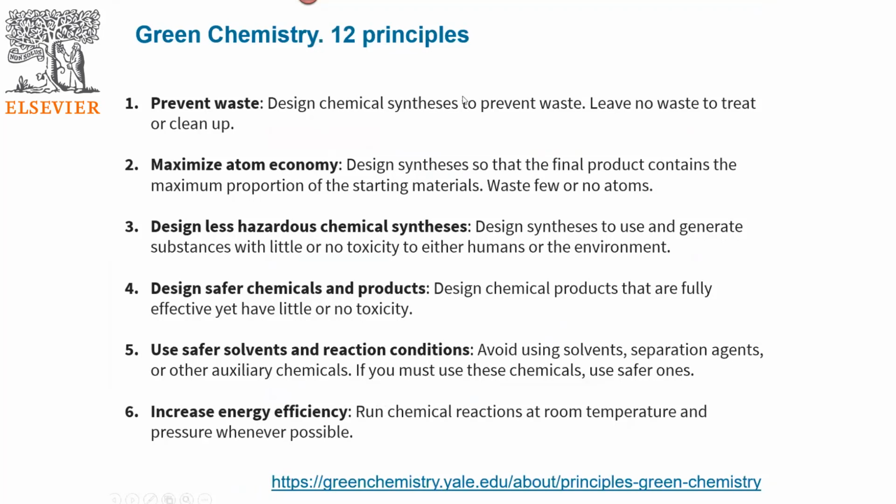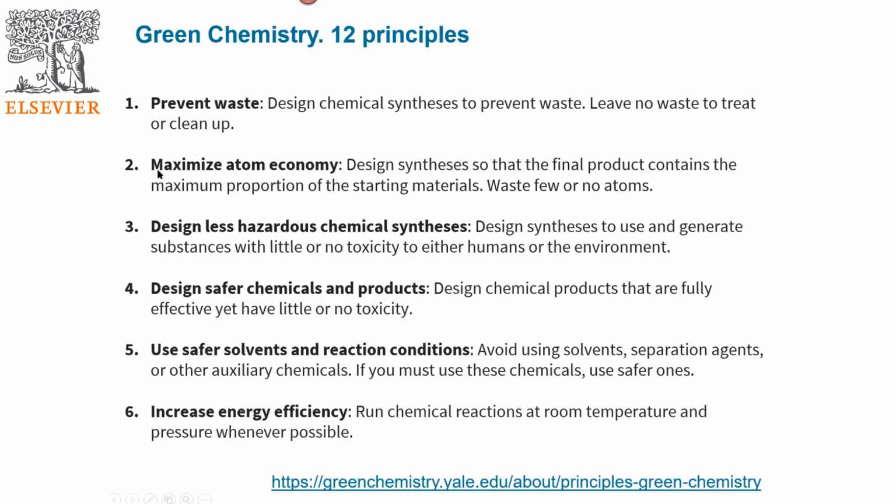What are the principles themselves? The first principle is prevent waste. It means that one should design chemical synthesis to prevent waste. Leave no waste to treat or clean up. I think it's a more or less simple idea to discuss, sometimes not very easy to implement, and we can go to the next ideas.